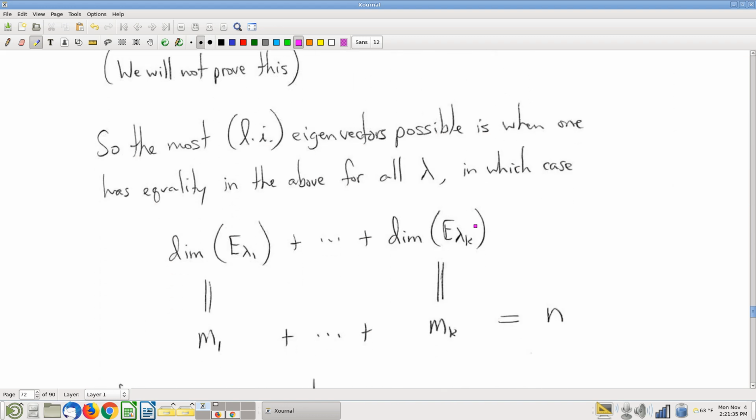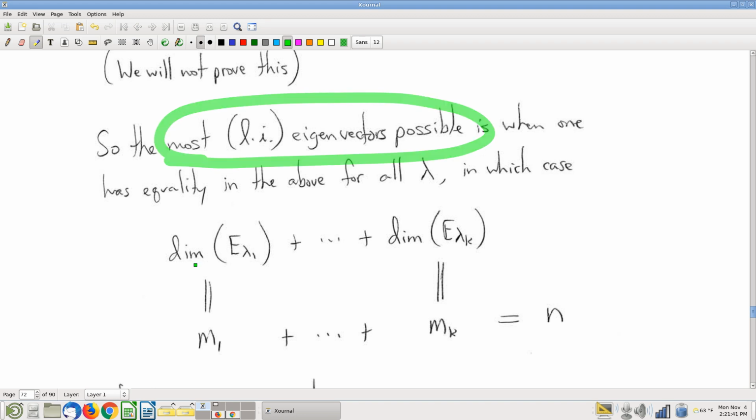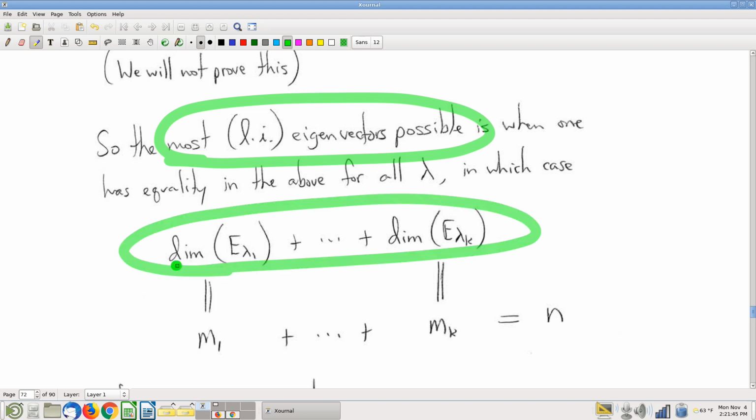Nice consequence of that is that if you want to think about what's the total, the most eigenvectors possible, keep in mind this dimension here is the number of eigenvectors for that first eigenvalue. If you were to count up all the eigenvectors that you get for each one of the eigenvalues, grand total, all of the eigenvectors together, what's the most you could possibly have?